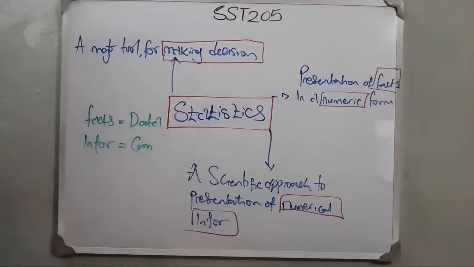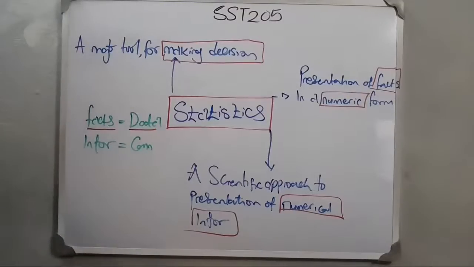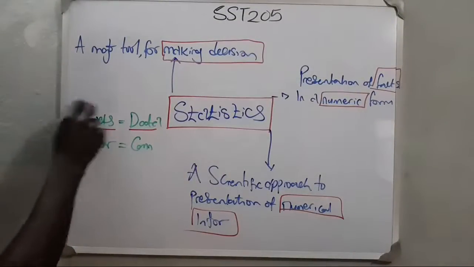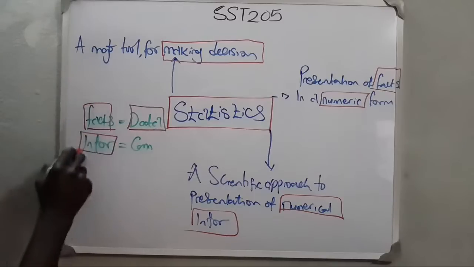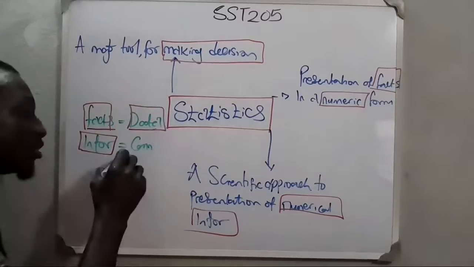When you say facts and data, they are unprocessed information. The moment you process these facts, this data, then it becomes information, which is now used in communication.